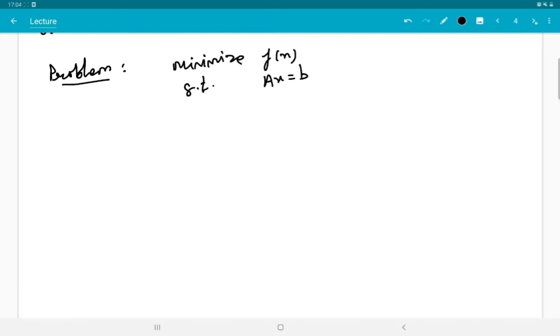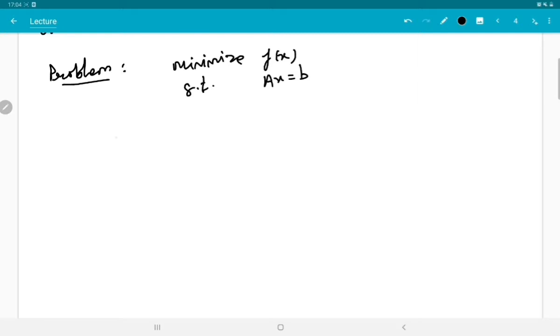In a similar way to what we did in the unconstrained case, now we minimize the second order Taylor series approximation of this function at a point, in the proximity of x.